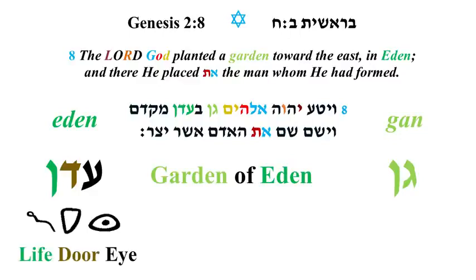If you look at the pictographs of those 3 letters, Ayin is an I, Dalet is a door, and Nun, this is the final Nun, so feet. It's represented by a fish, or it represents life. So Eden, you can eye the door to life. Look and see the door to life was in Eden.